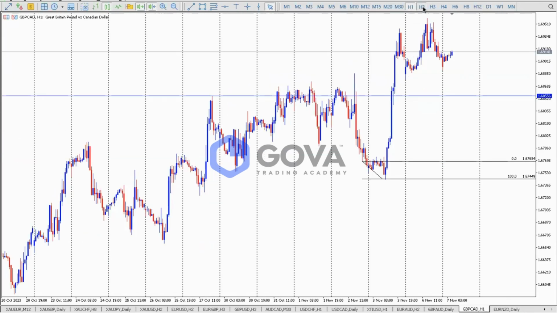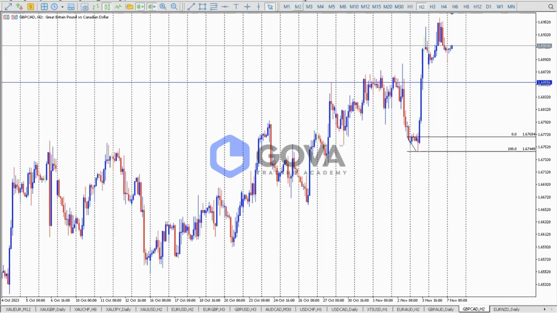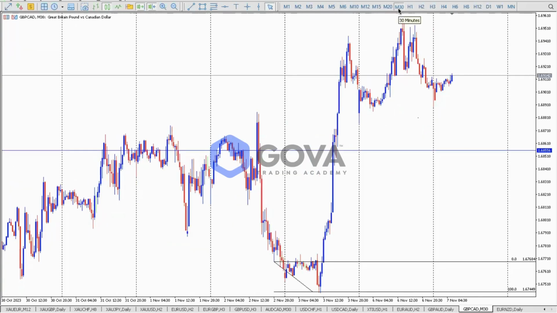If this is the first zone, then your second zone should be very close here. So let's see if there's a hidden zone in the area. You can assume this is a hidden zone also around here. So these 2 traps are enough. You don't have to mark out any more traps.